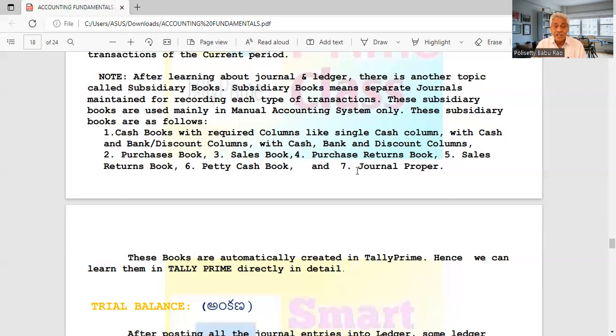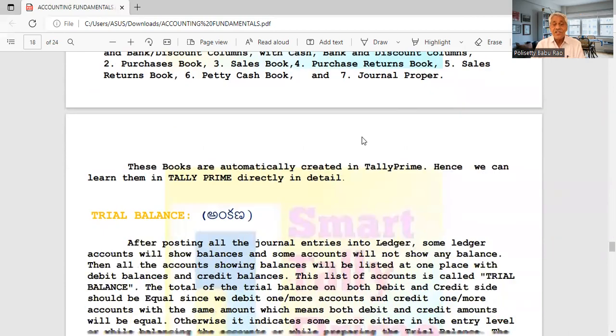That is why it is called here not the journal but the journal proper. The journal is the only book recording all the transactions. Journal proper records only the transactions which cannot be entered in the other subsidiary books.